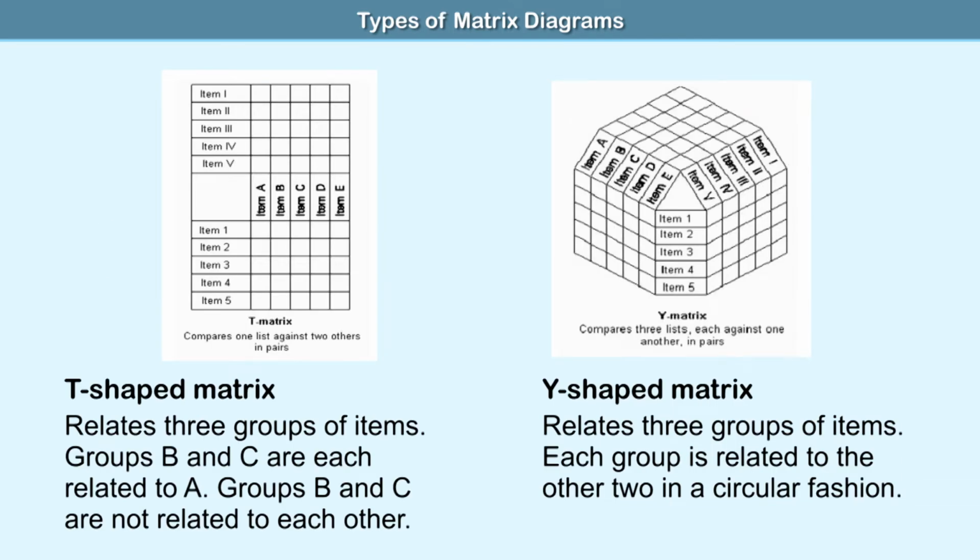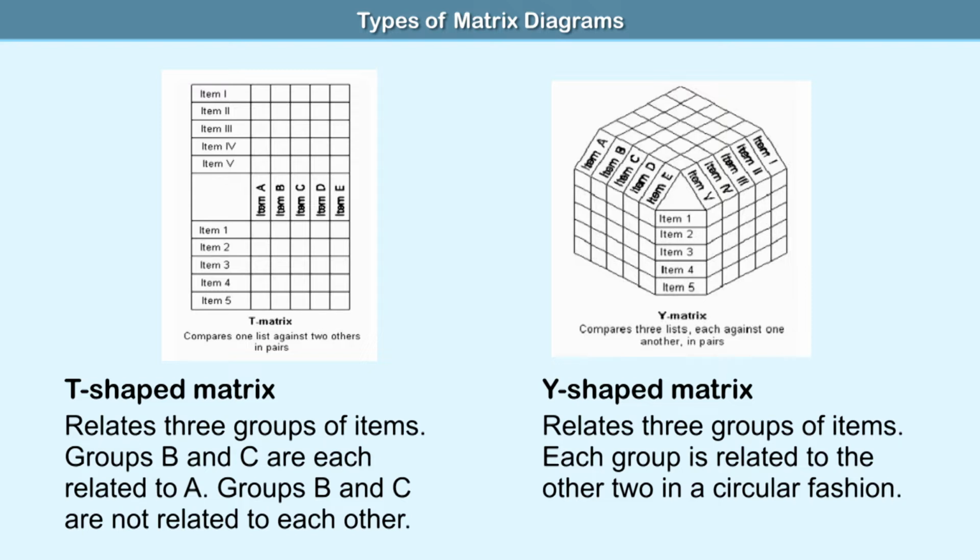The types of matrix diagram include T-shaped matrix. It relates 3 groups of items. Groups B and C are each related to A. Groups B and C are not related to each other.